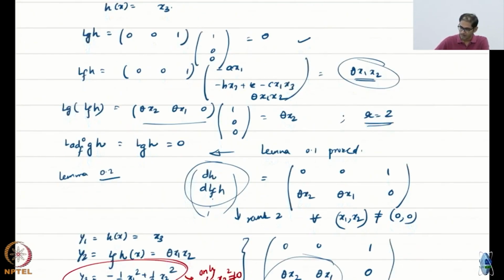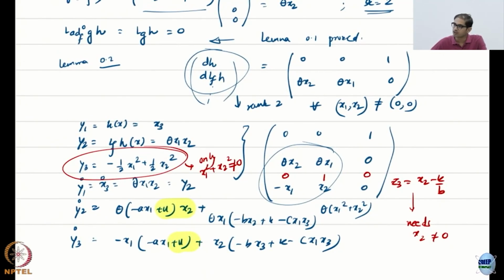But remember this was a restrictive choice, because it is a valid transformation only if x2 is non-zero. Here we had the freedom of having either x1 or x2 non-zero, anything being non-zero was good enough, but here we definitely need x2 to be non-zero.